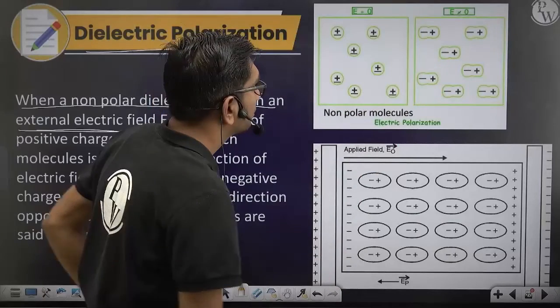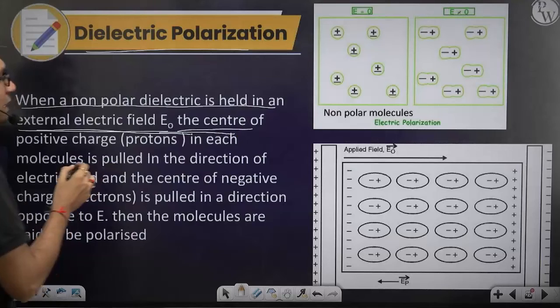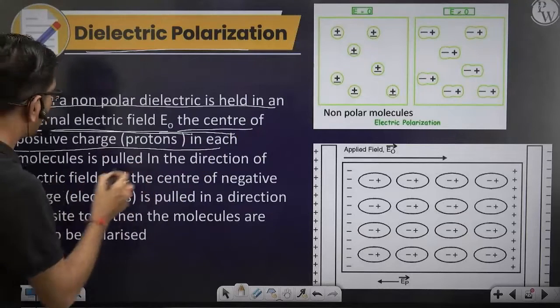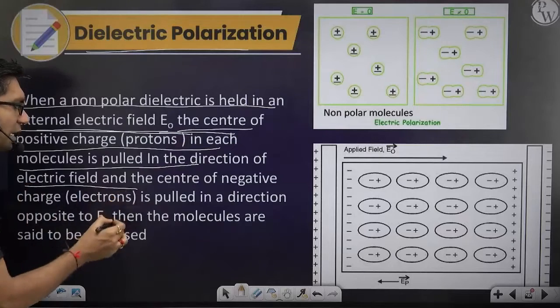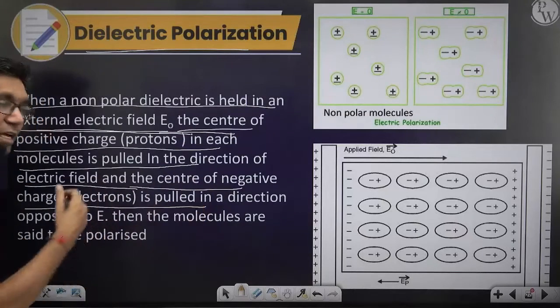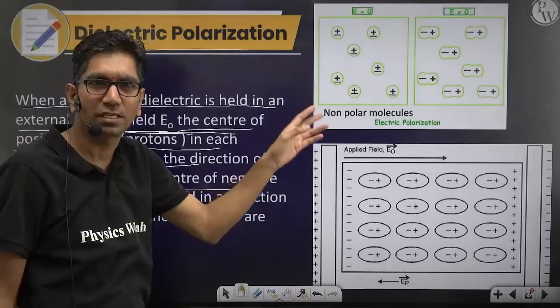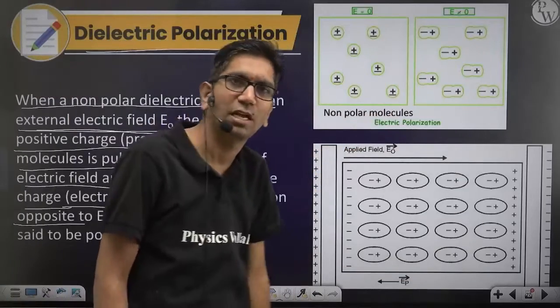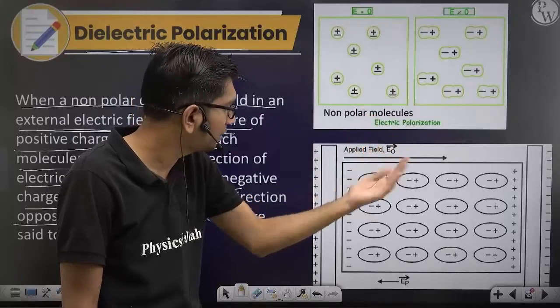In E naught, the center of positive charge, the protons in each molecule, is pulled in the direction of the electric field, and the center of the negatively charged electrons is pulled in the direction opposite to the electric field, correct? Because here you have positive charge and negative charge. When you keep this in an electric field, positive and positive repel, positive and negative attract.